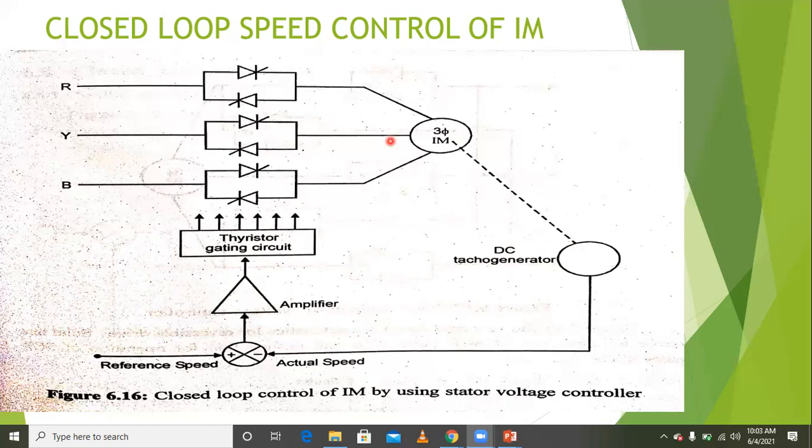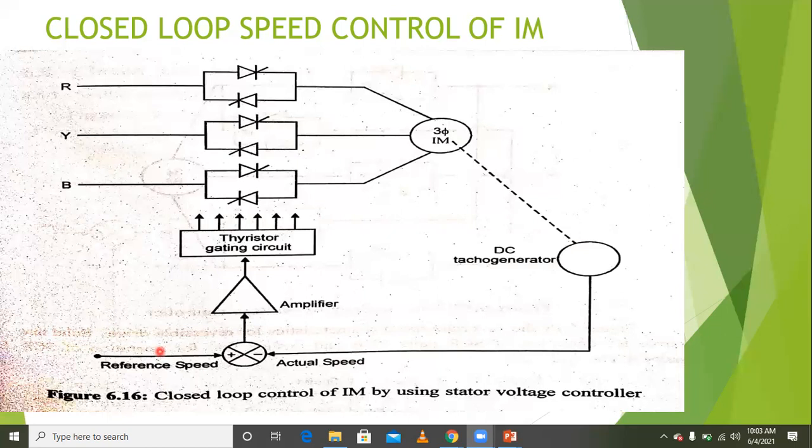For example, if the reference speed is greater than the actual speed of the induction motor, where the actual speed is nothing but the output of the 3-phase induction motor, then what happens in this condition?